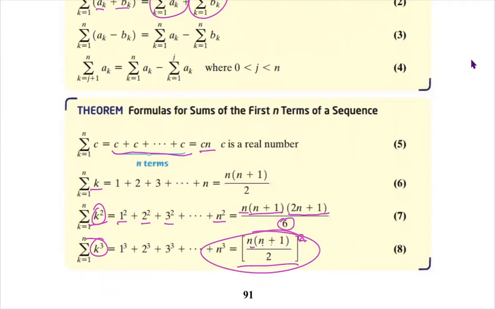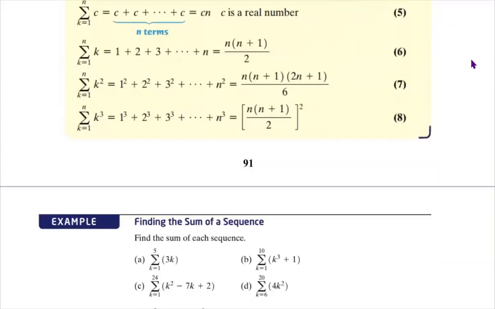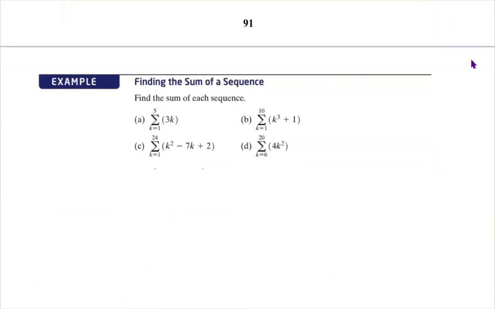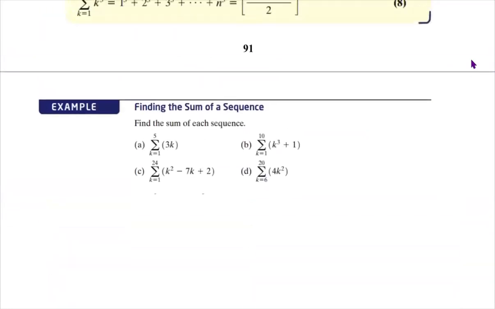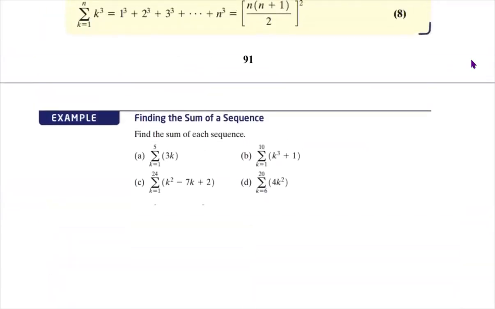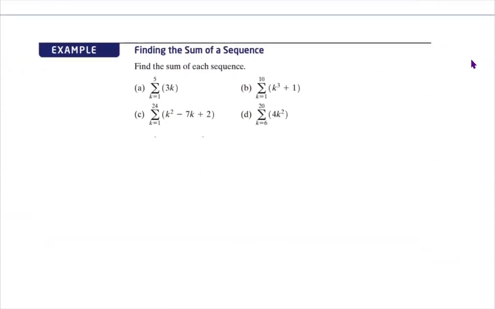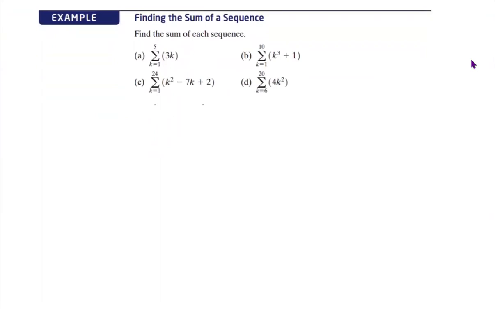So those are formulas to remember because you may want to use them at some point in exercises. So let's see if we can practice on this one here. We can practice on the properties.